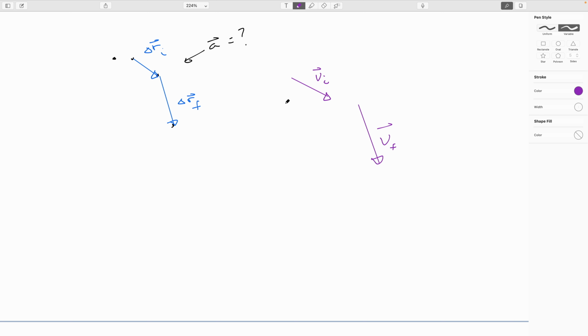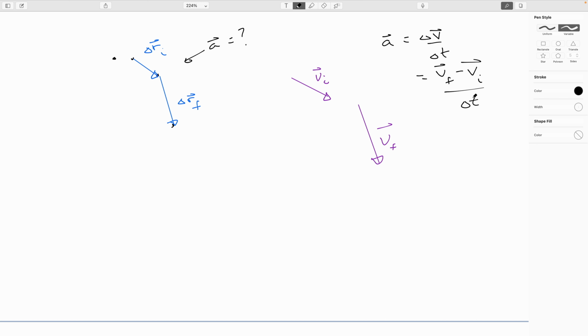All right. So now to find the acceleration, I can go ahead and take the same logic as before and say that on average, the acceleration will be the change in velocity with respect to time. So this will be v final minus v initial over the time interval.